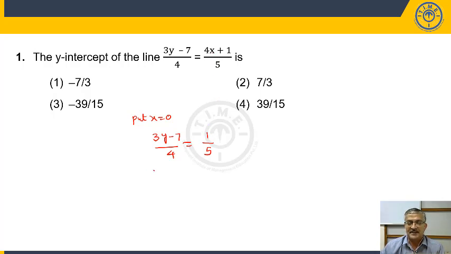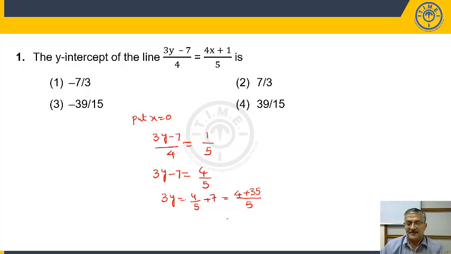Cross multiply చేస్తే 3y minus 7 is equal to 4/5. So 3y is equal to 4/5 plus 7. LCM 5, 4 plus 35.